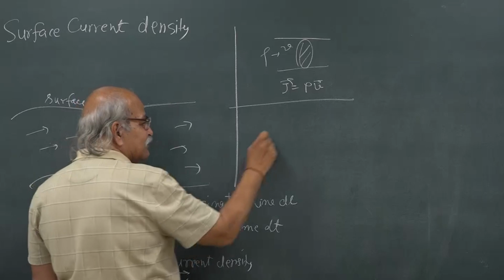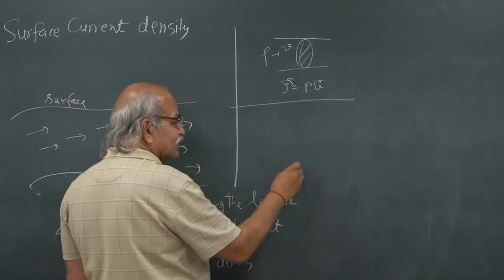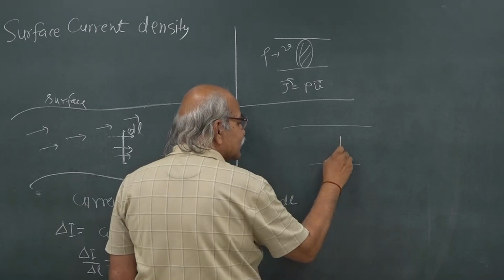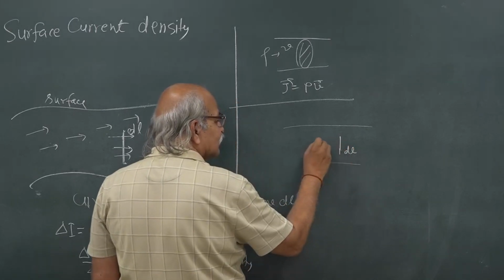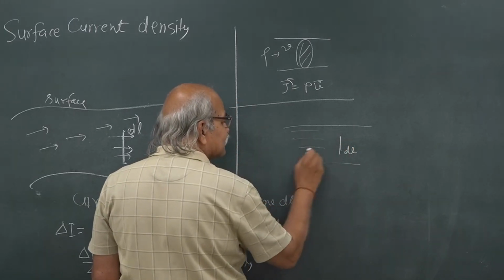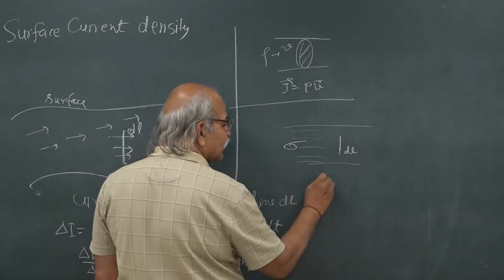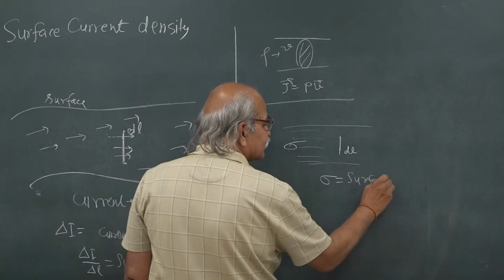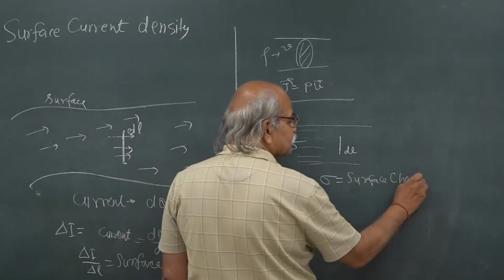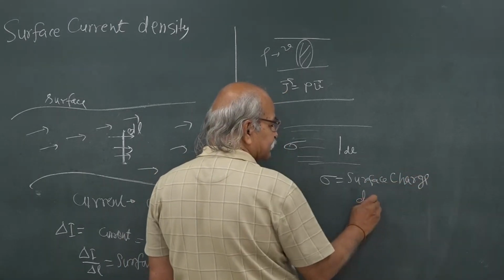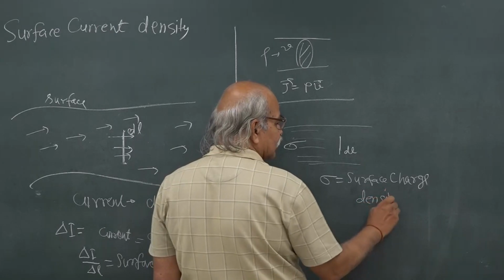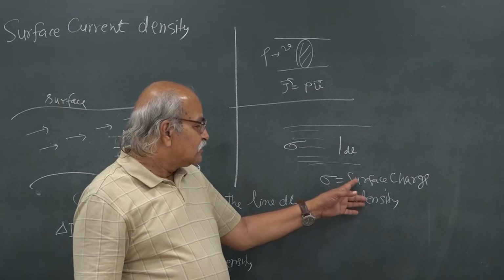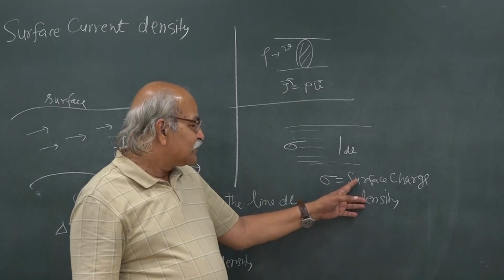For surface, if you do the similar analysis, you have a surface and on that surface you have a line dl, and you have a surface charge density which we will write as sigma. So, sigma is surface charge density. How do I define that surface charge density?